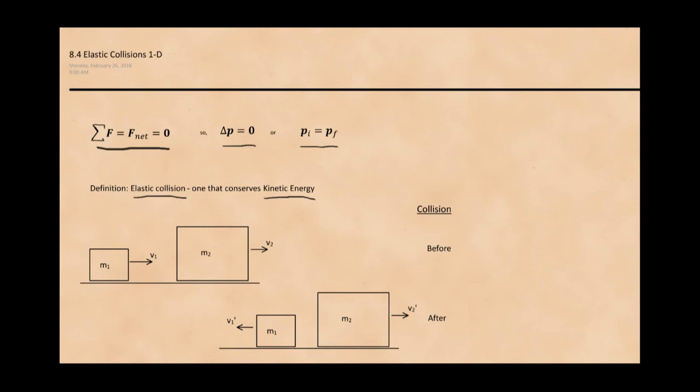If I have a one-dimensional collision where I know everything that's happening before the collision, meaning I know the values of the masses and I know how fast things are moving, after the collision, I will have two unknown values: the velocity of mass 1 after the collision and the velocity of mass 2 after the collision.